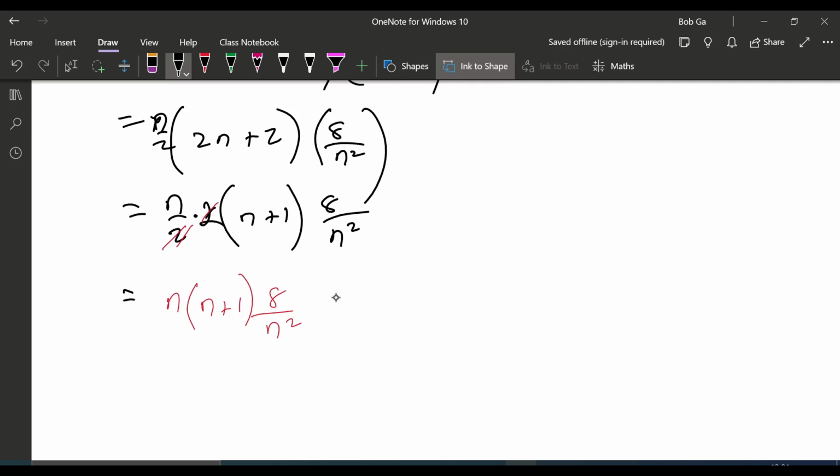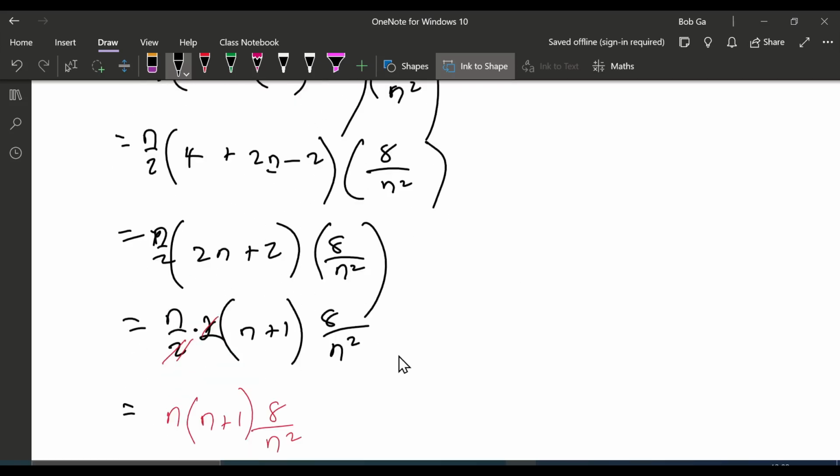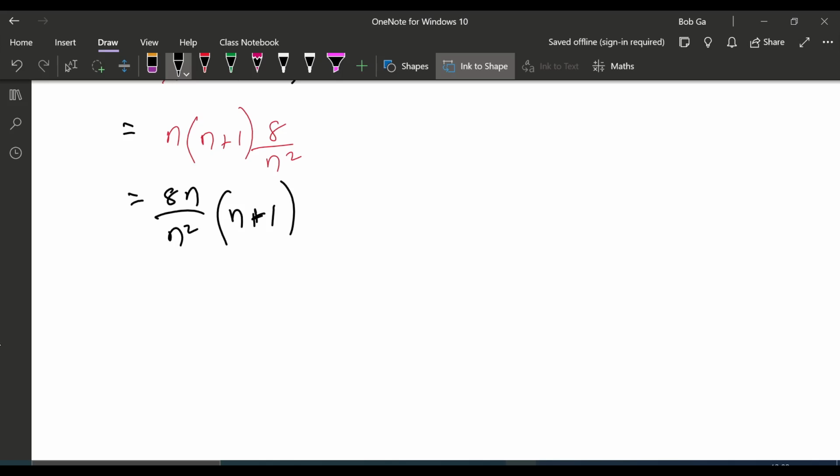So we're going to have 8n over n squared into n plus 1. Then of course 1 n will cancel 1 n there, and we're left with 8 over n into n plus 1. Yeah, that's what we have.